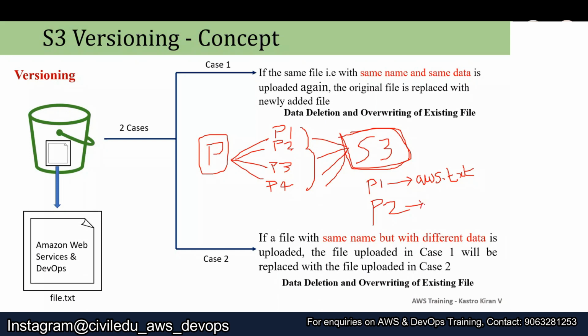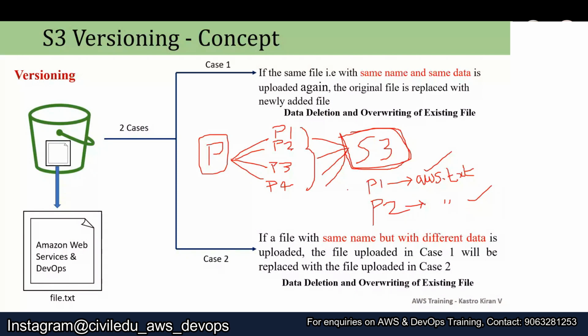But let's assume that the data kept by person 1 is completely different from person 2's. Person 1 has kept some data according to his requirement and person 2 has kept some data according to his requirement. But by chance, intentionally or unintentionally or accidentally, whatever the scenario is, they have created the same file.